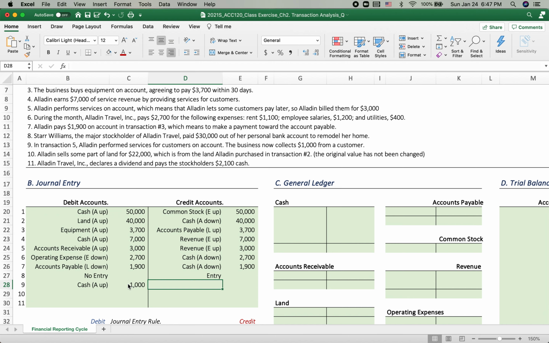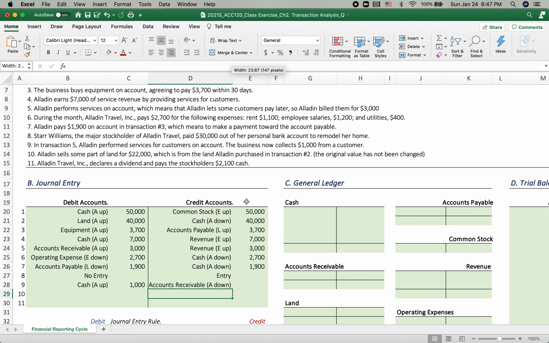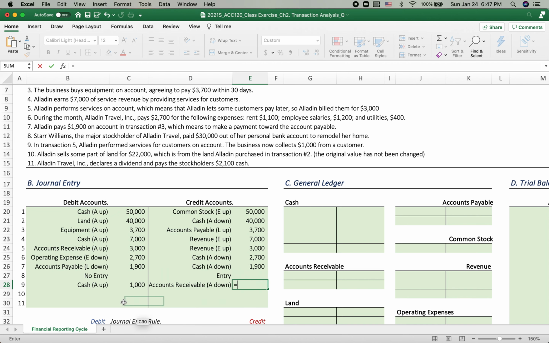And by this amount, the company now should reduce accounts receivable, because the company received the cash. They no longer have this asset, the right to receive cash, by $1,000. So asset should be down, right? Okay, so it's a very logical process.